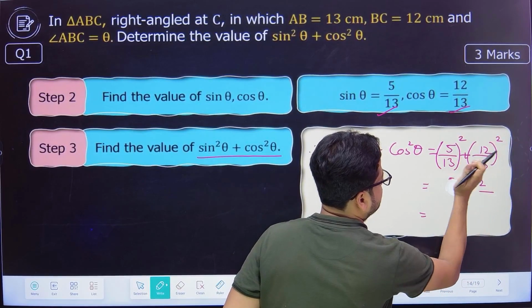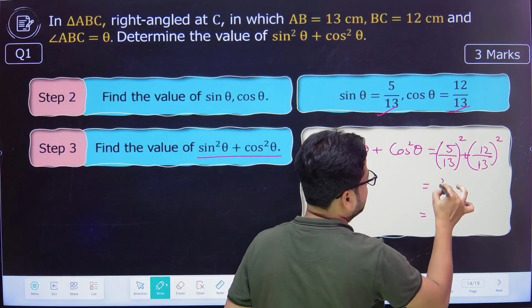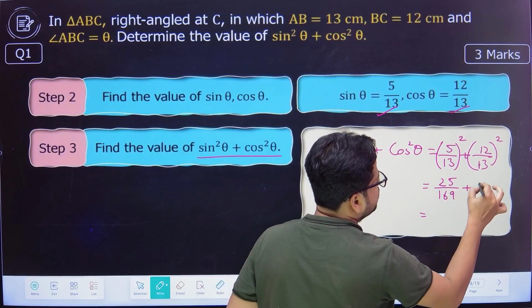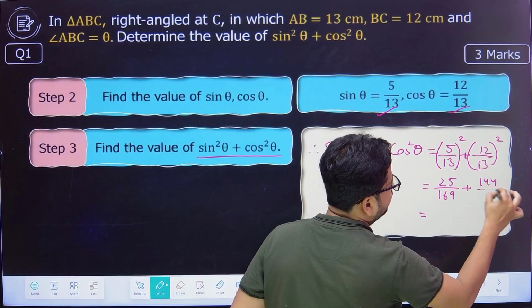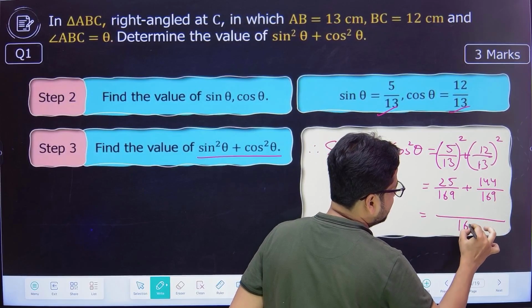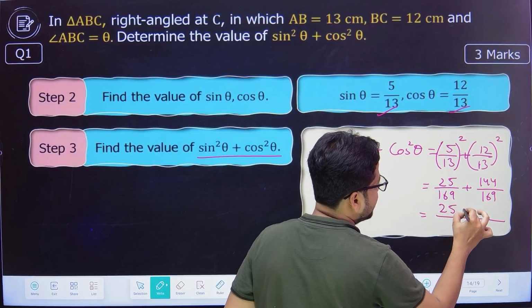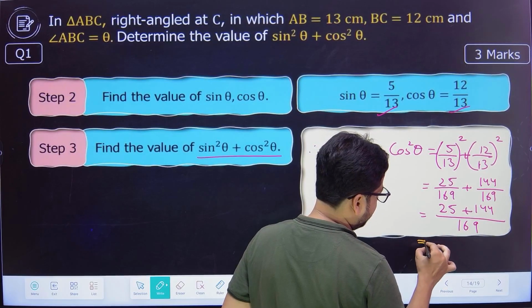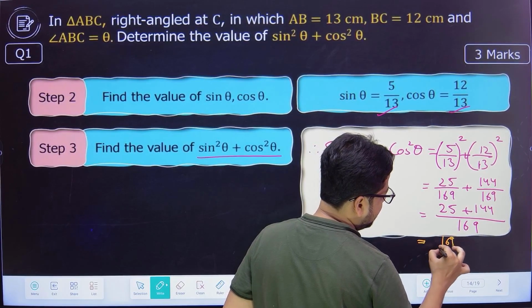So what is 5 square? 25 upon 13 square is 169, 12 square is 144, 13 square is again 169. Denominators are same, so just add the numerators. 25 plus 144 is 169.